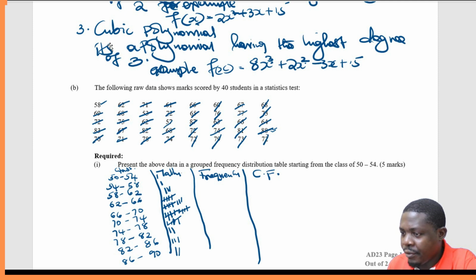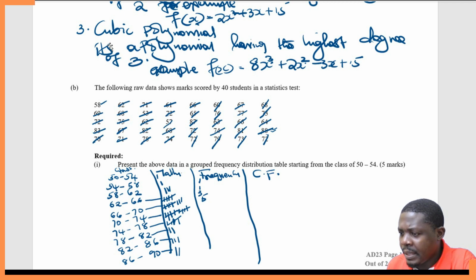I close. Now my frequency: when we hit 50 to 54, according to my list, we hit 1. 54 to 58, we hit 1. This one we hit, that is 3. 62 to 66, we hit 5.